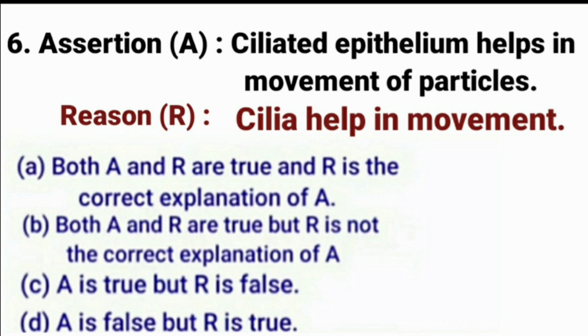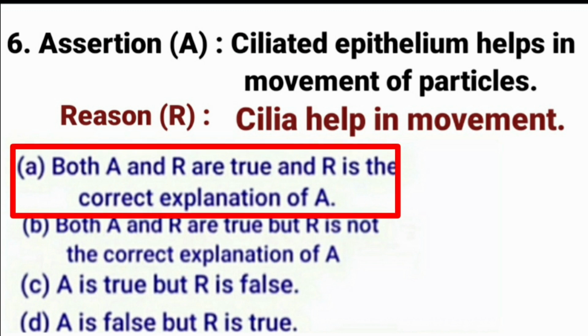It is present in inner surfaces of some hollow organs such as trachea and bronchi and helps in movement of the particles present there. So the correct answer is option A. Both assertion and reason are true and reason is the correct explanation of assertion.